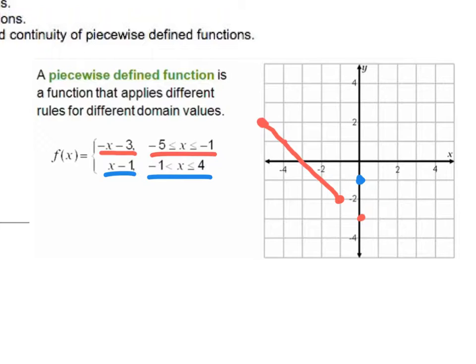We're only going up to 4, so let me plot these points here, and from negative 1 to positive 4, that's my graph. You know how to graph these linear functions. You just only graph them over the intervals that they're on.